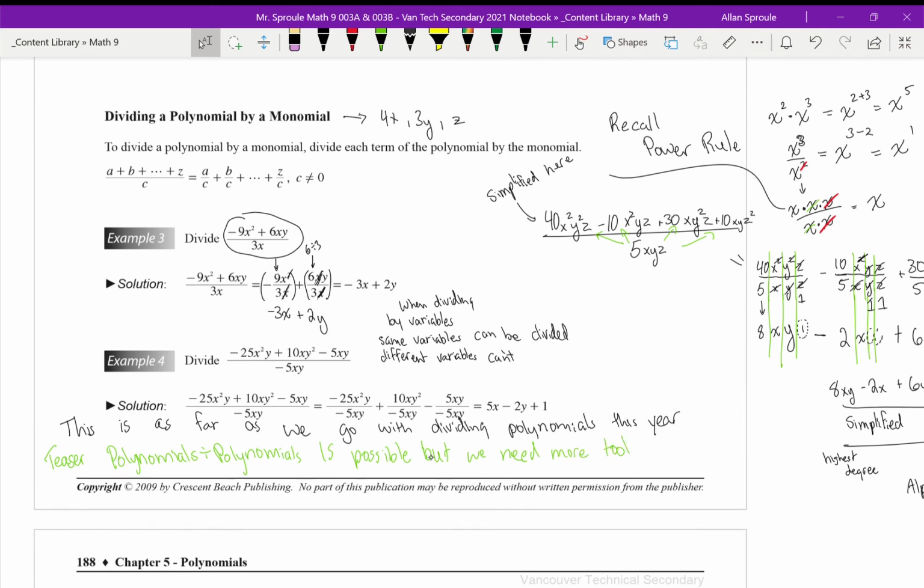So as a teaser for grade 10, what kind of problems you could be expected to be doing. So a grade 10 example would be x squared plus 4x plus 3 divided by x plus 1. Now, I have actually set this up so that you could solve it.